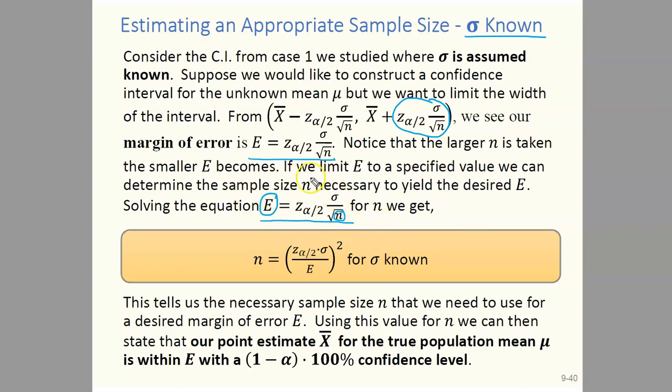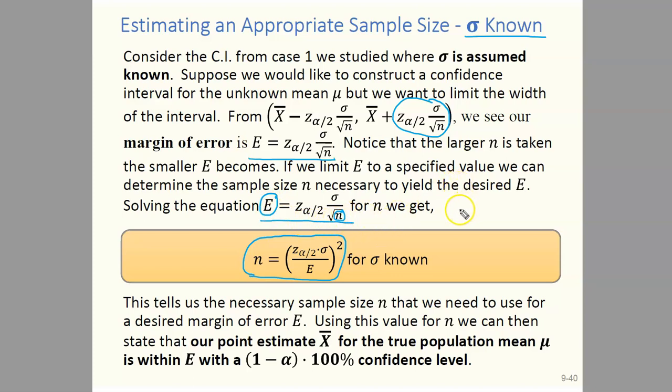And when we take this equation right here and solve for n, this is what we get down here. It's just a little bit of algebra. Multiply the square root over to the other side, divide the e over to the other side.